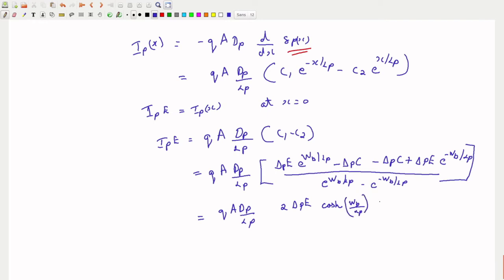I'm just skipping one step so that you can fill it up. 2 delta PC, we are having 2 delta PC, all divided by 2 sinh WB by LP.